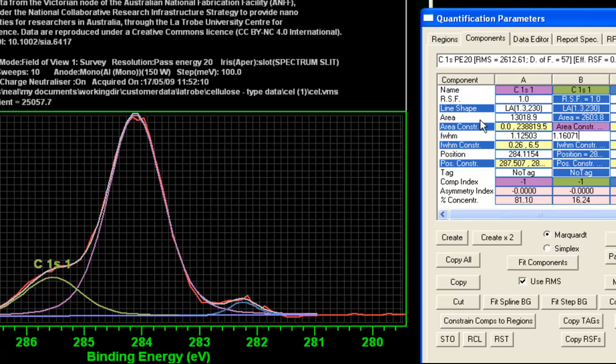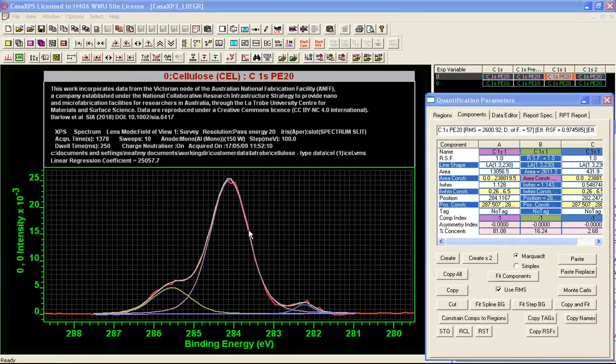That's 5:1. If I say fit again, these component peaks that are fitted to a vector are indicating that we've got the right ratio for these 2 peaks for cellulose, and the offset is also about right for cellulose.